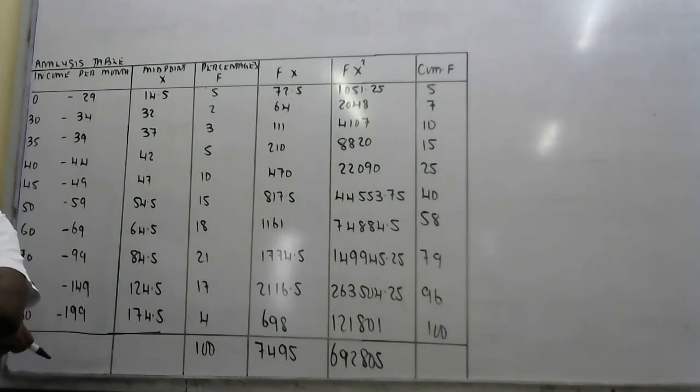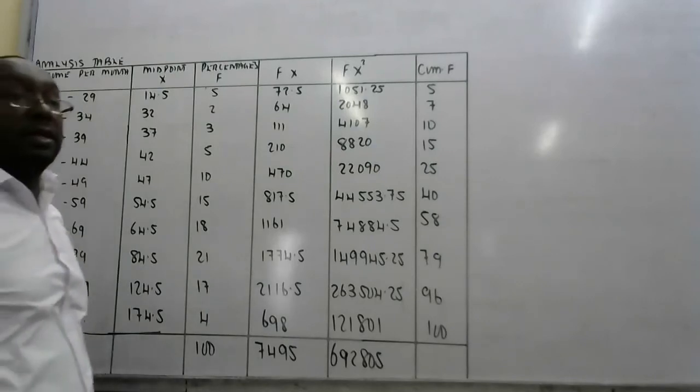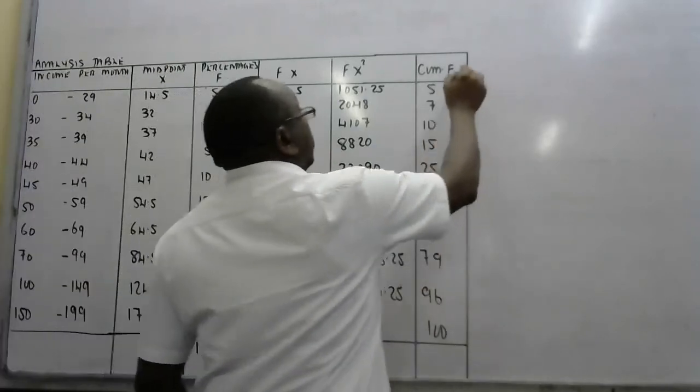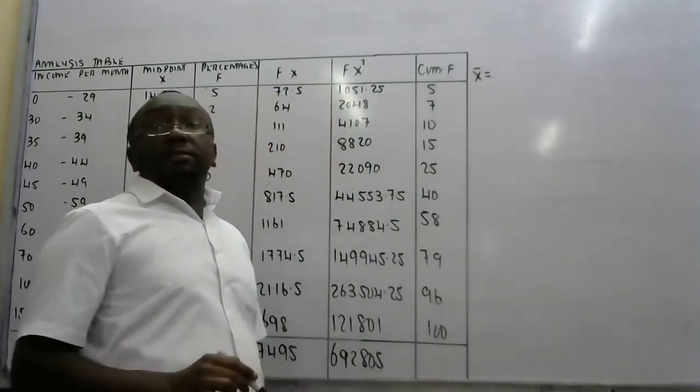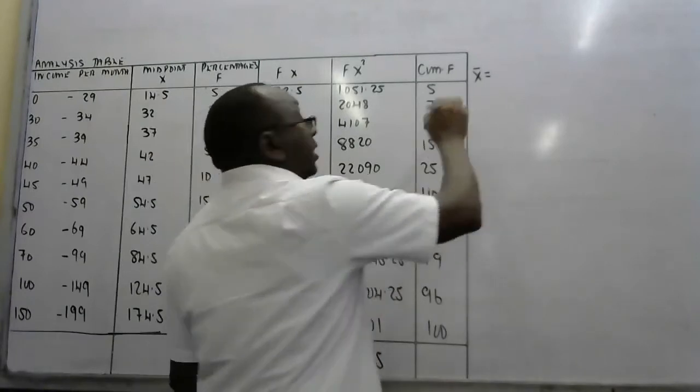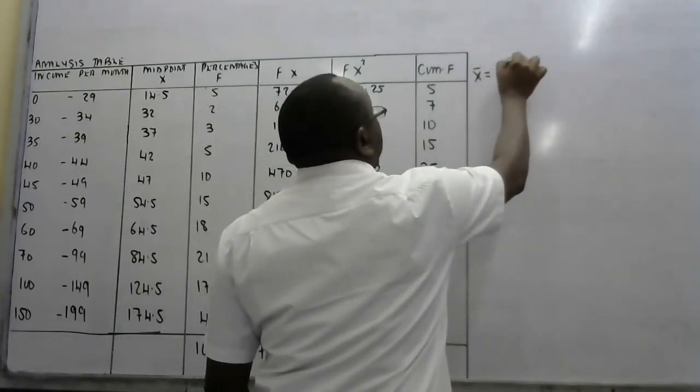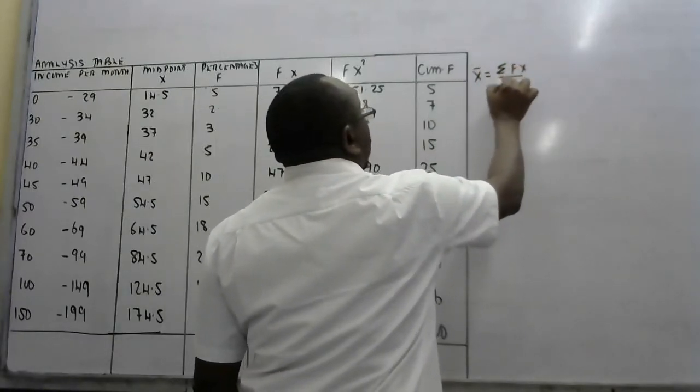So because my agenda is just to remind you about that topic, I'll just compute one of the measures just to give you an idea. So I want to start with the mean x bar. Now x bar, we know it is sum of fx, you divide by sum of f.